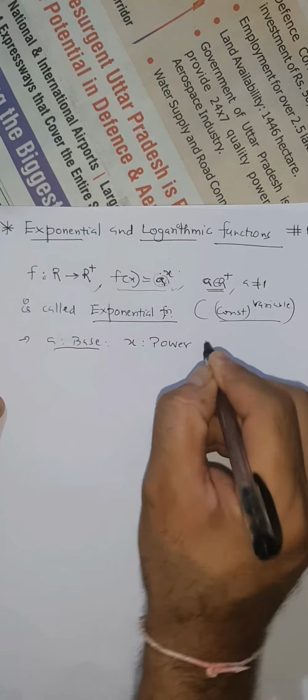Every exponential function from R to R plus is always bijective. And chapter number 1 says, if a function is bijective, then it must have an inverse. So the inverse of the exponential function from R to R plus exists.